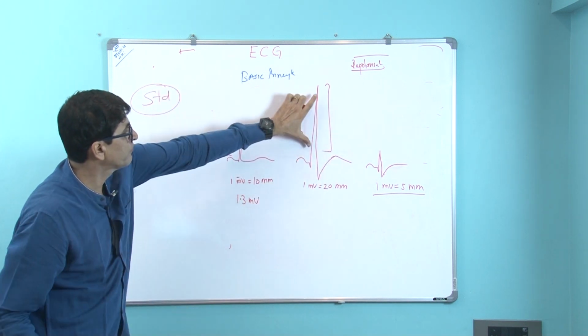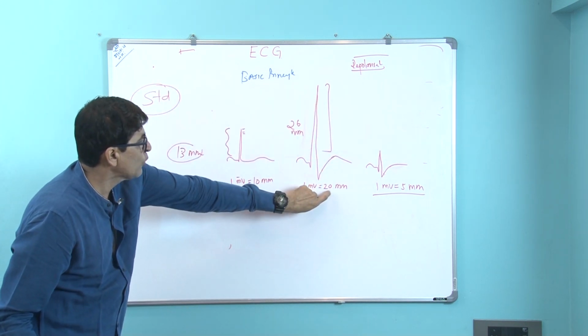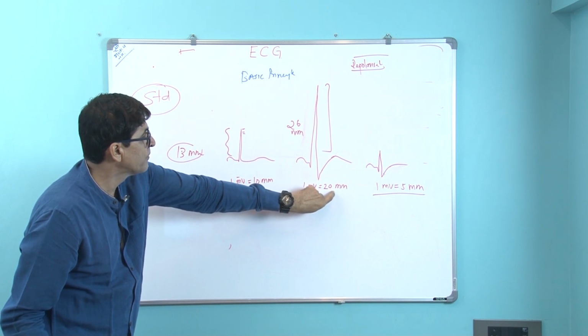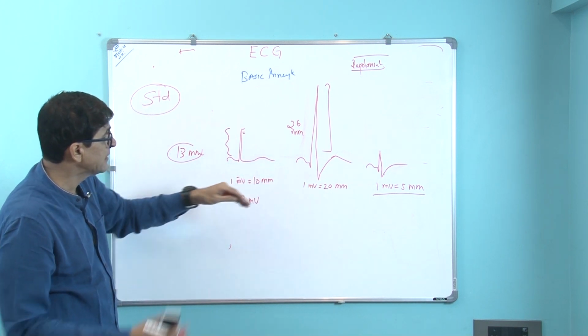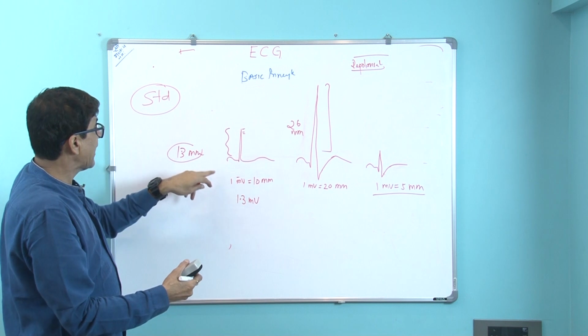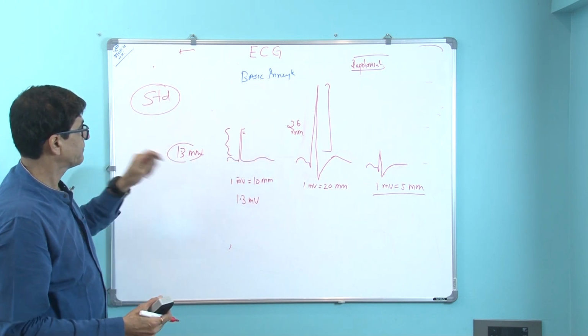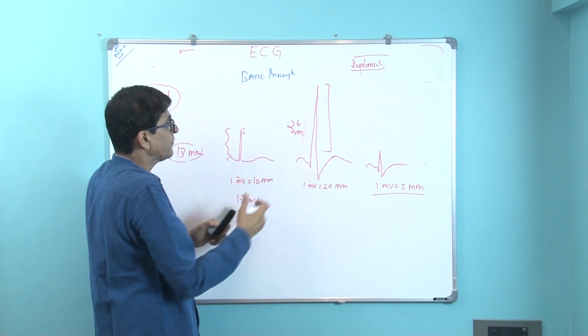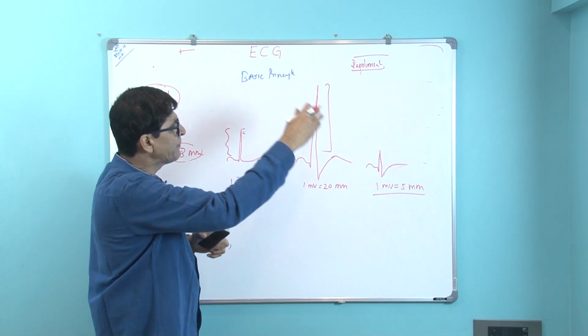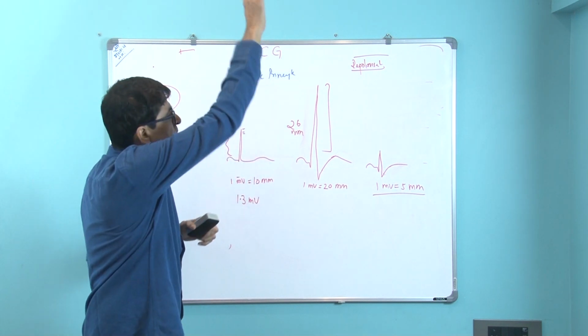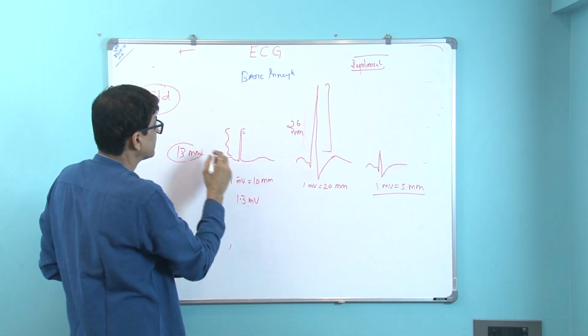I know I am recording at 20 millimeter per millivolt, so while calculating, I have to make it half. So 13, again it will come to 13. And by default, when the complexes are big and going out of the paper, I will do standardization half.